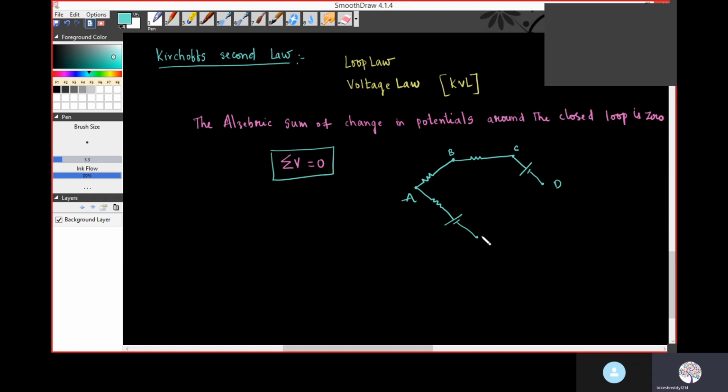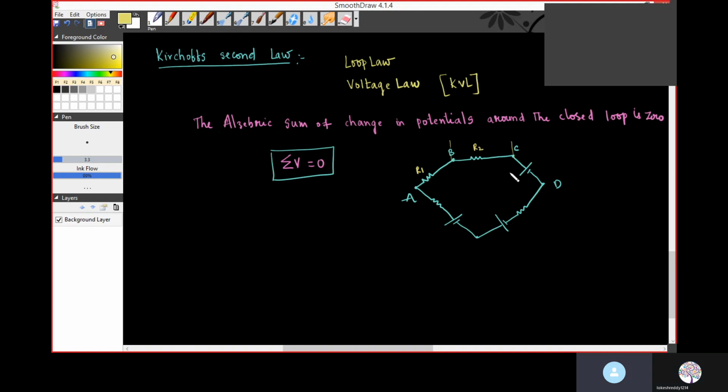Then let us take one more cell here, and one more resistor like this. Now let's name these resistances. Let us say this is R1. Now this resistance is R2.